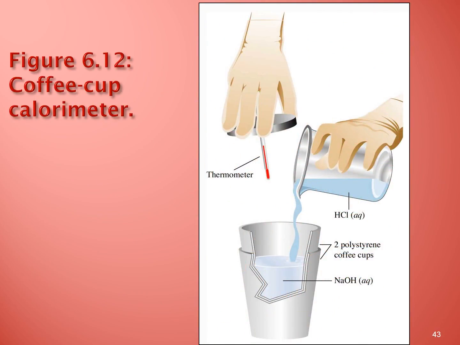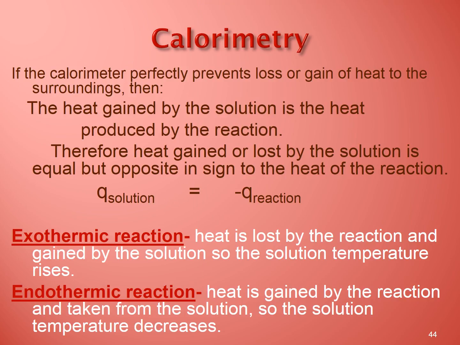And so, here's a picture of it. If the reaction takes place, what we're measuring is actually the change in temperature of the water, which is the opposite of what's happening in the reaction. So if the calorimeter perfectly prevents loss or gain of heat, then the heat gained by the solution is the heat produced by the reaction. So again, they're opposite.